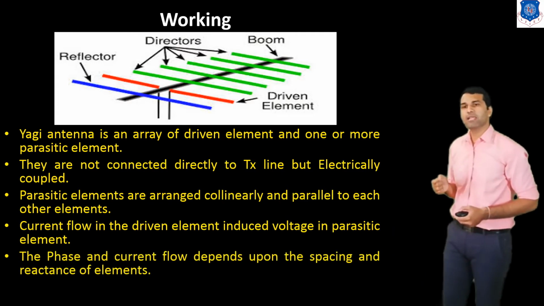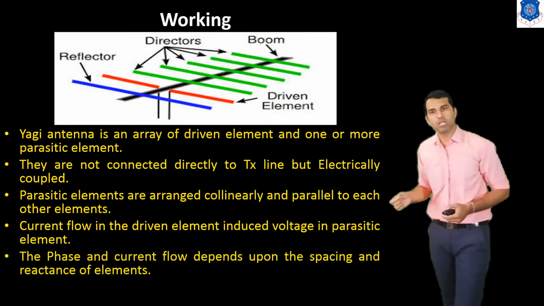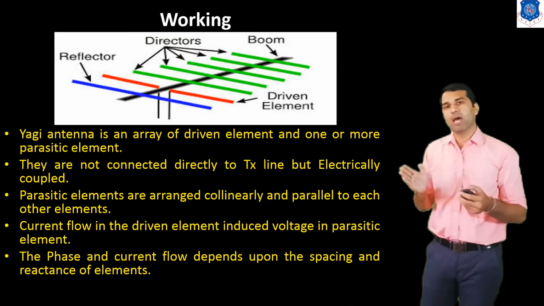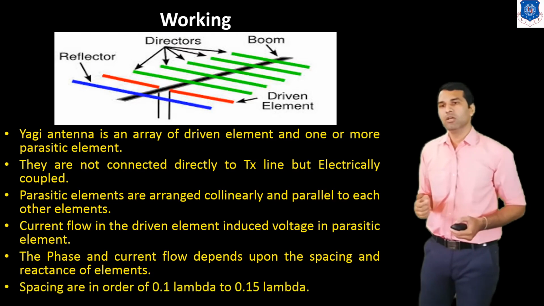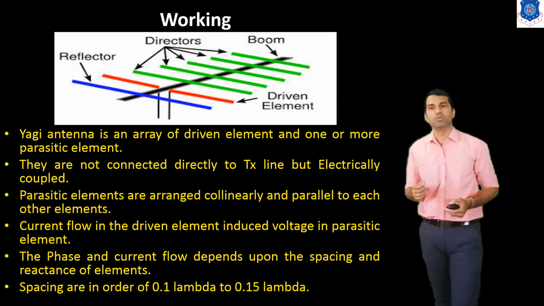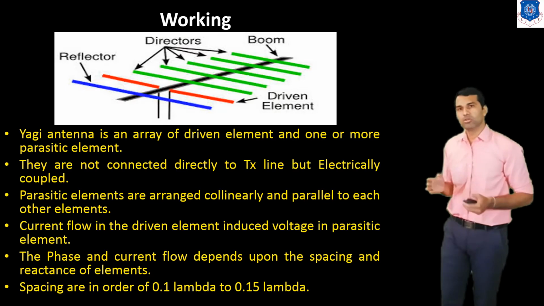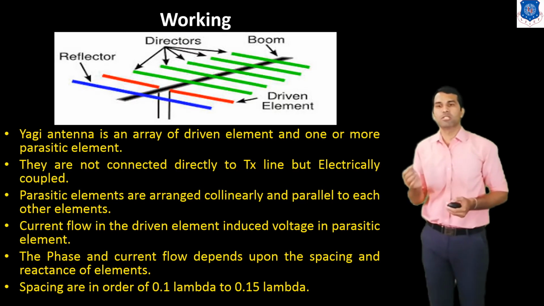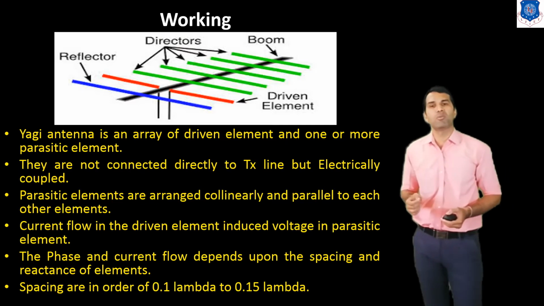The phase and the current flow depend upon the spacing and the reactance of the elements. The spacing is in the order of 0.1 lambda to 0.15 lambda. So normally the spacing between these elements is between 0.1 lambda and 0.15 lambda.